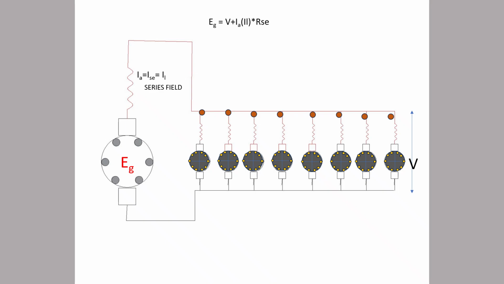ABB and so many companies are manufacturing these locomotives, and they have high power and smooth starting with the use of variable voltage, variable frequency.